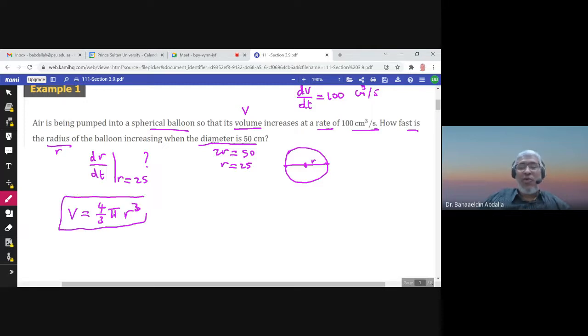So that's a known formula. Volume of the sphere is 4 over 3 pi times r cube, where V is the volume of the sphere and r is the radius of the sphere. Good. So now we have an equation that relates r to V.